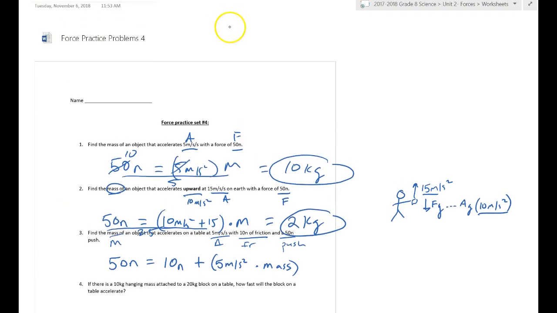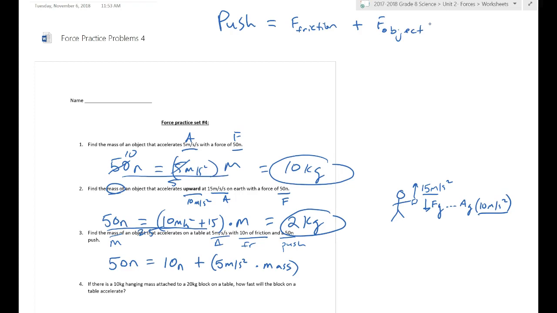Here's why. If we are thinking about the total push that I give to an object, that is going to equal the force of friction plus the force exerted on the object after we have accounted for friction, which will result in its motion. So the push is the total force that I have available to act on the object.